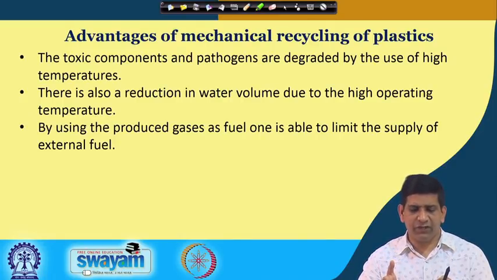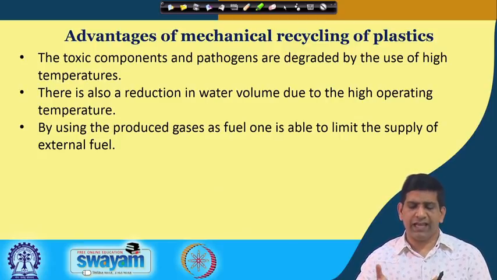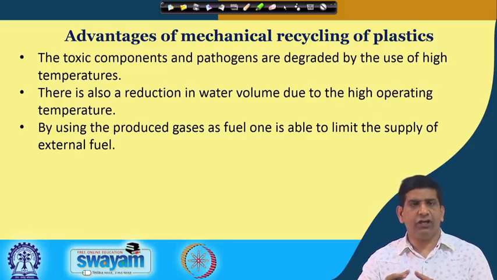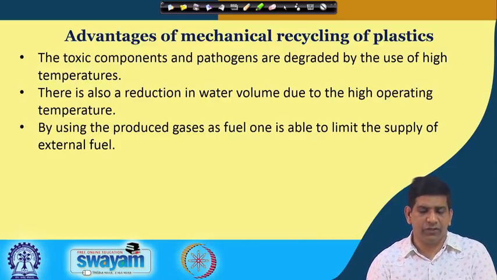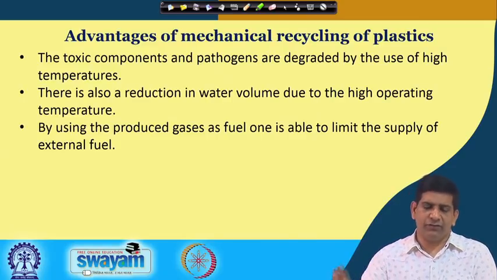Since we use high temperature, any pathogens or toxic components are degraded by the use of high temperature. There is also a reduction in the waste volume due to the high operating temperature. By using the produced gases as fuel, if you can capture the gas that is produced and use it as fuel, that limits the supply of external fuel as well. So it can be recycled within the plant.